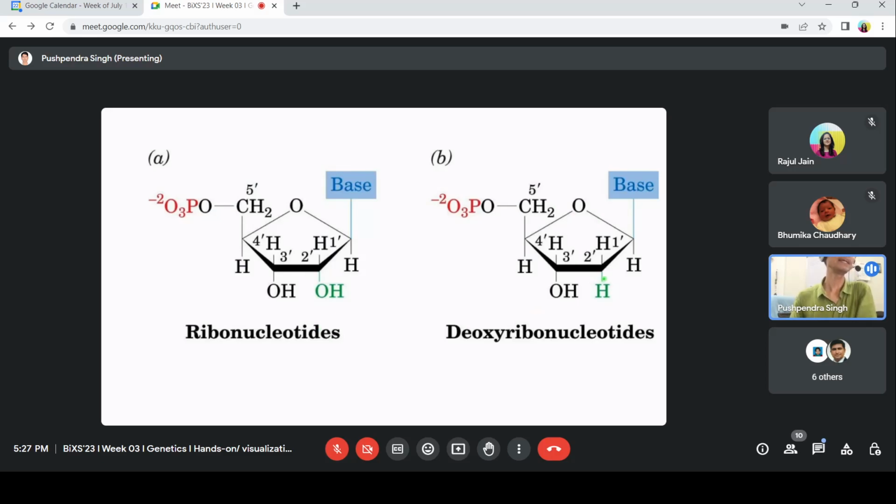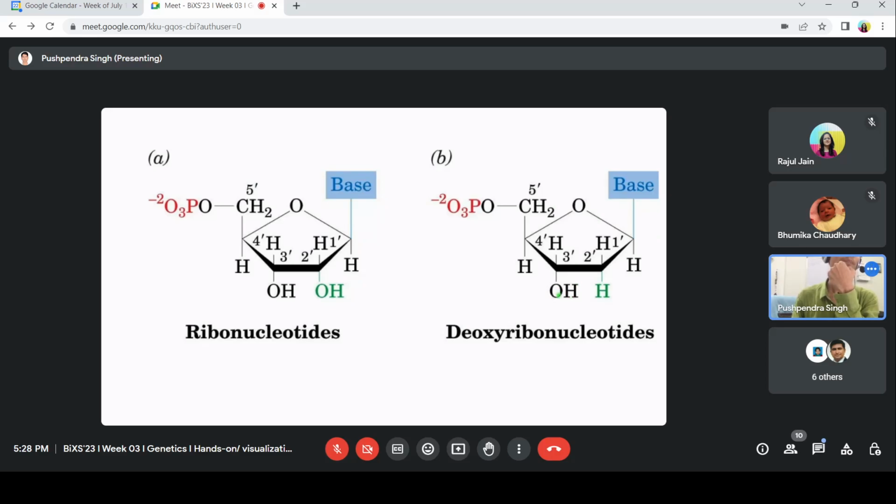But in DNA, this hydroxyl group OH is replaced by a hydrogen. So one oxygen is removed here. That is why it is deoxyribonucleic acid. This second group contains only hydrogen. The third group contains hydroxyl OH.